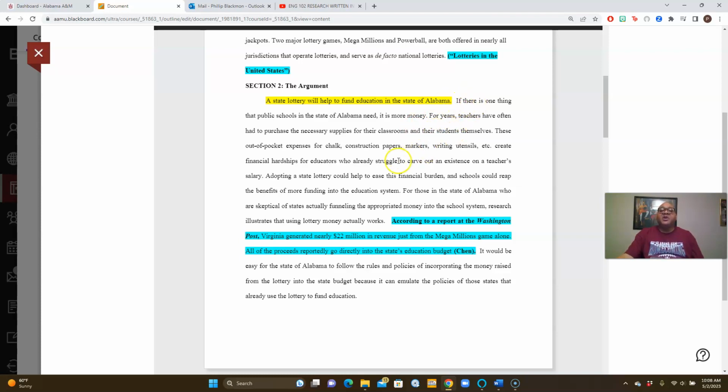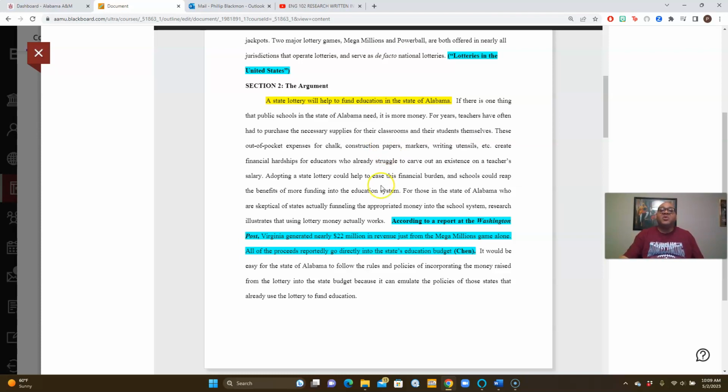If you read the paragraph again to yourself, you should see everything here flows. The research comes naturally within the body of the paragraph. It adds support to the things that I am explaining or arguing in the paragraph.